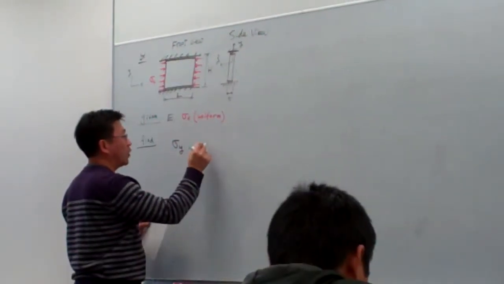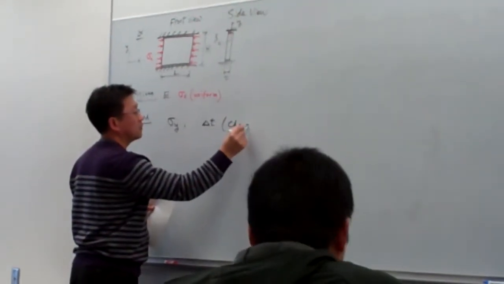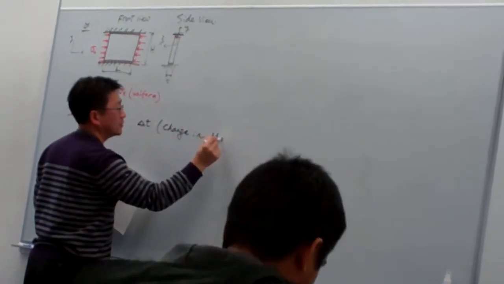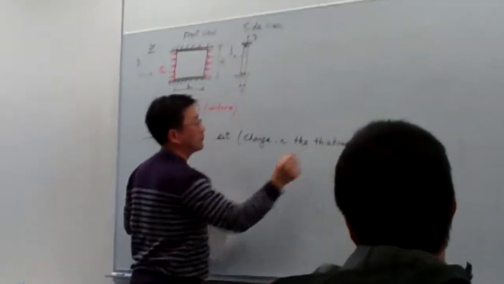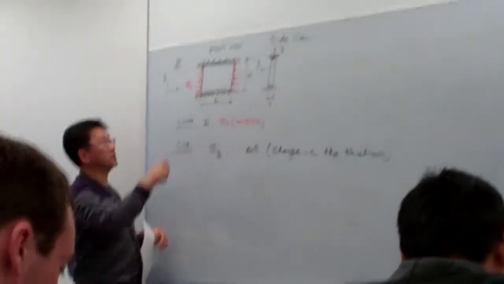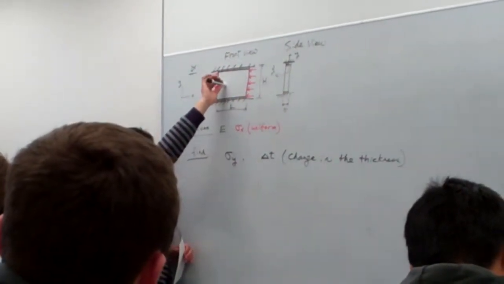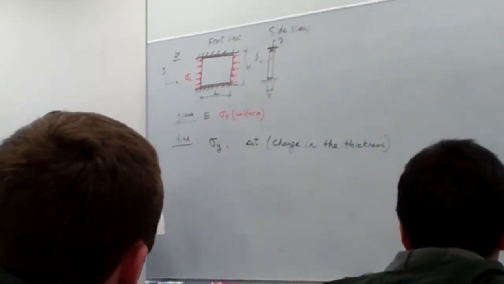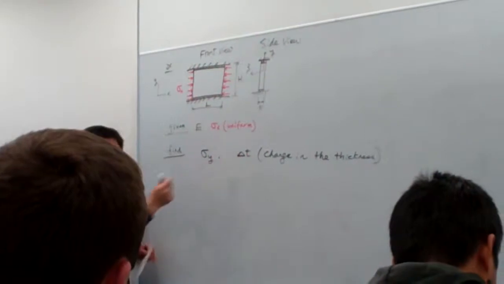And then we want to know the change in the thickness. The thickness is in the out of the board direction. In that direction, there's no constraint, so this material is free to expand. We want to know how much that expansion is. That is this amount.